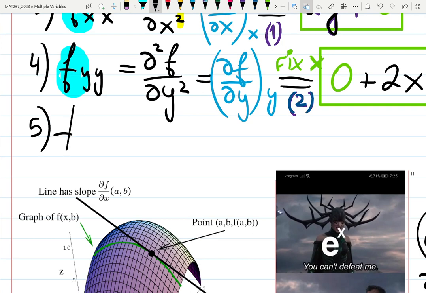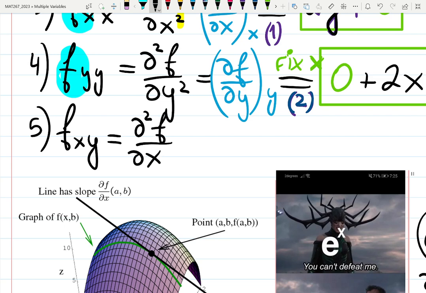Let's take the partial derivative with respect to x and find the second derivative with respect to y. That's called mixed derivative. The notation is: the second derivative of f that was done with respect to x will now be done with respect to y. So it's in order from left to right.